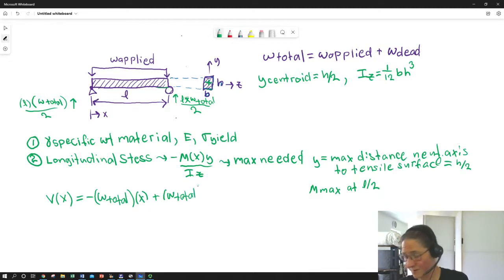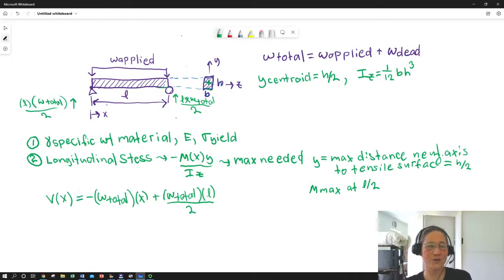I'm referring to my notes here as I write, because I've already worked this out. We've got a line equation, so this would be 0 in the middle.